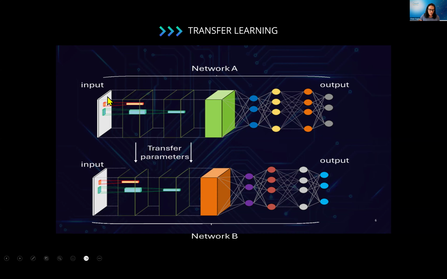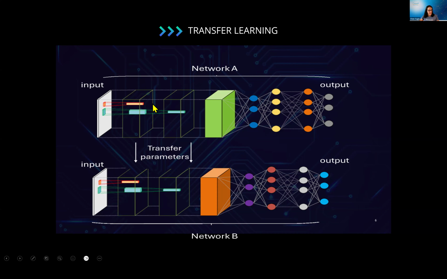So again, we have input, all of these layers, and the convolution layers extracting features. Then we have a huge set of features, like a box of features. And from this box, we start making some kind of analysis, the fully connected part to make decisions.